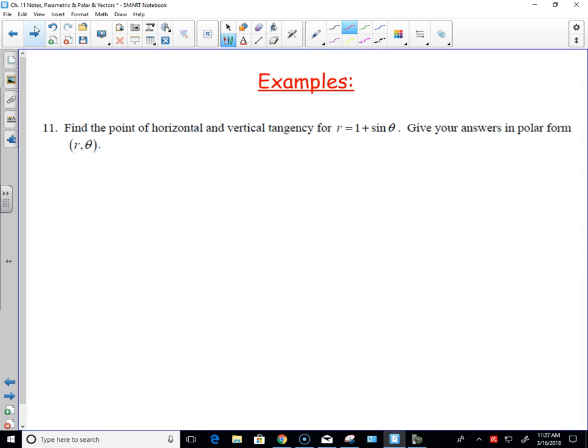You choose how you want to find dy/dx, but you would need to find it some way. Either use the product rule already worked out, or make x and y and then take the derivative with product rules yourself. Does that make sense? Okay.